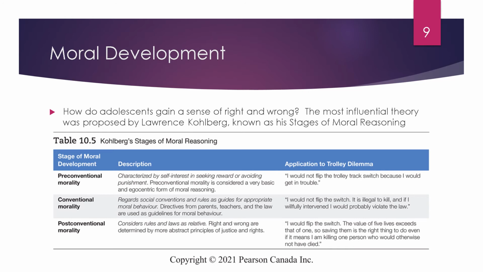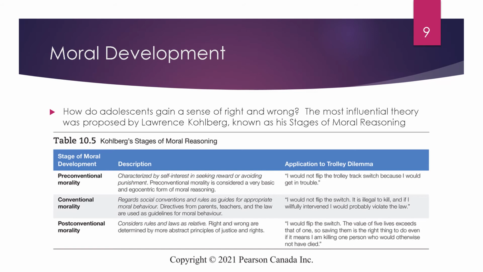The next stage is conventional morality, and this one, as a child grows and transitions into adolescence and beyond, they may begin to exhibit this kind of morality. And it's important to note that some people will stay within that conventional morality stage for their whole life. Not everyone will reach that final stage of post-conventional morality.